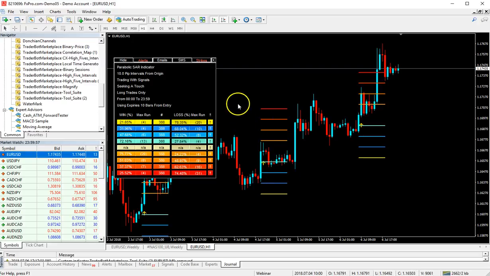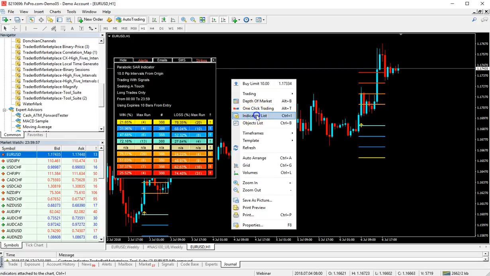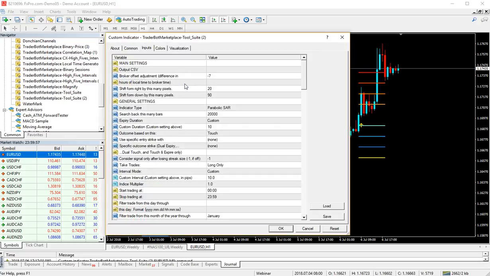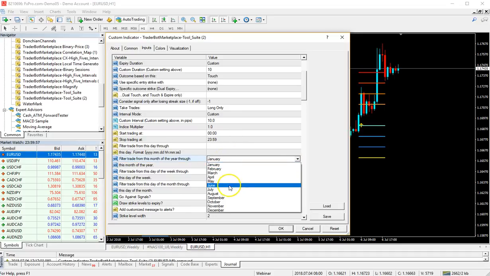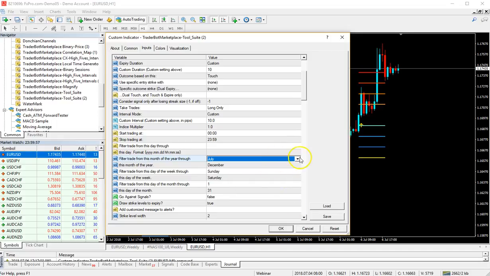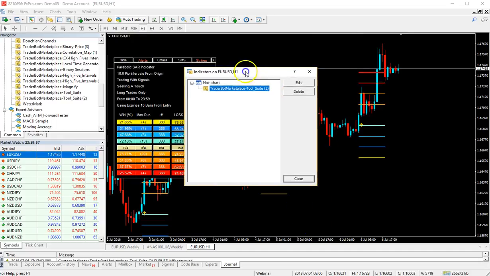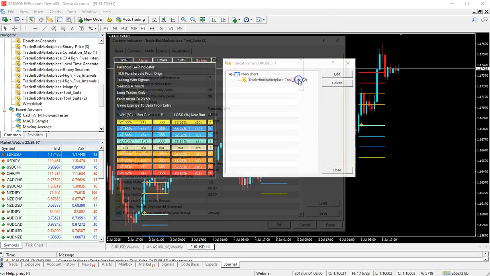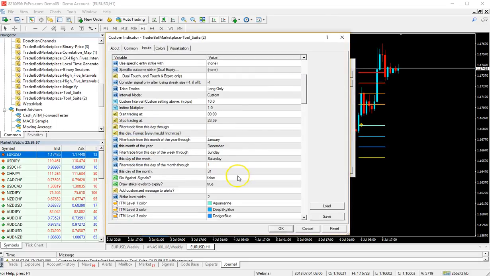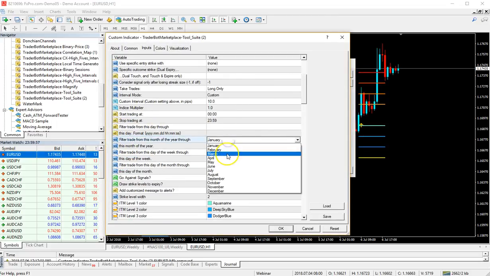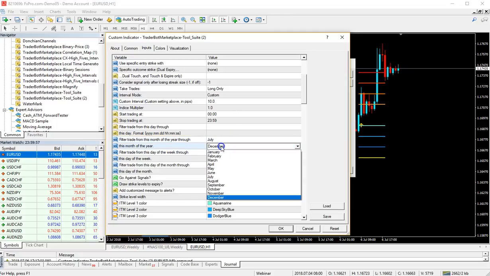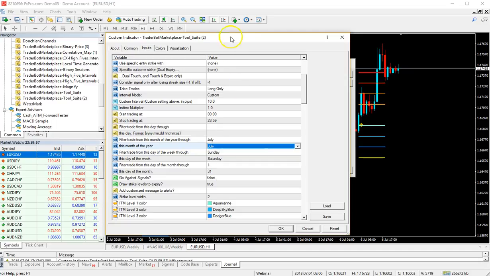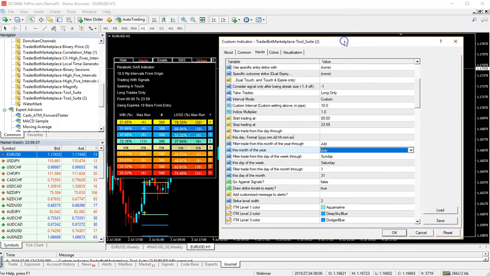However, let's look at, instead of January through December, let's look at July only. Let me pull this over because I want to see the percentages change. Everybody says that July is the worst month for trading. So let's see if that's true for this set of parameters.